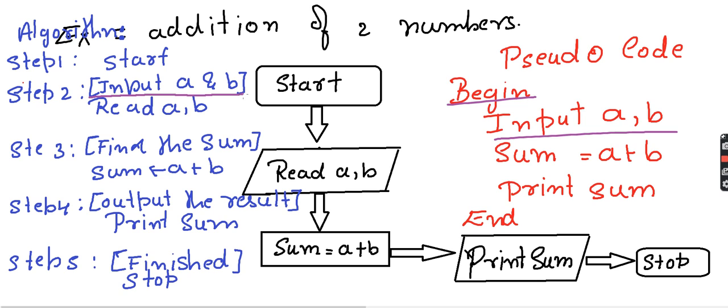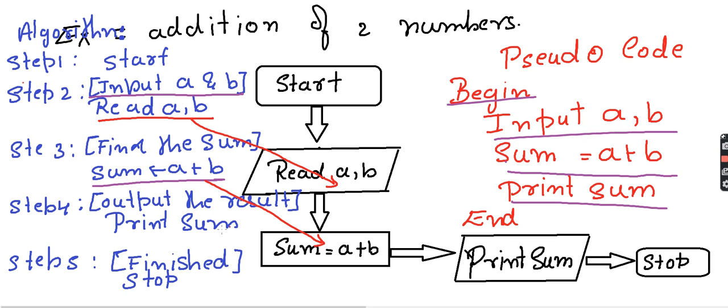That I write as read A, B, and that is transferred into the flow chart as read A, B. Further, sum is equal to A plus B, finding the sum, transferred into the flow chart as sum is equal to A plus B. Then print sum in the algorithm, and again print sum in the flow chart.